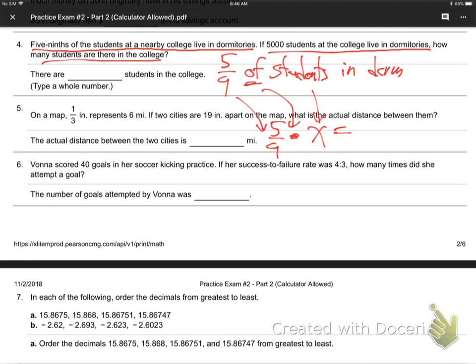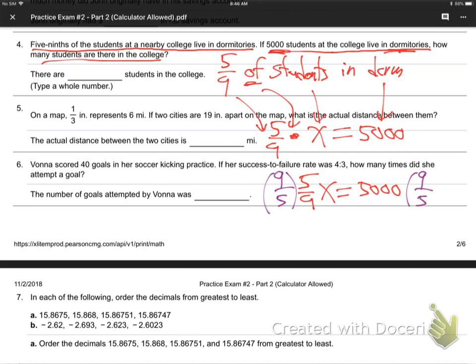How many are in the dormitory? Equals 5,000. So there's our little equation. 5/9 times x is 5,000. How do we solve for x? Multiply by the upside down, 9 over 5. X equals, that'll be 9,000. 9,000 students in the college.